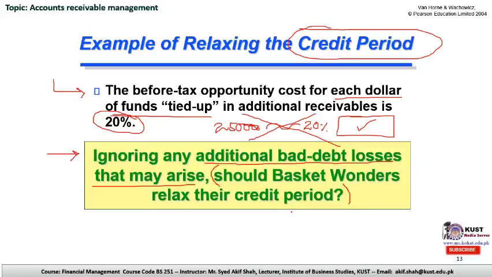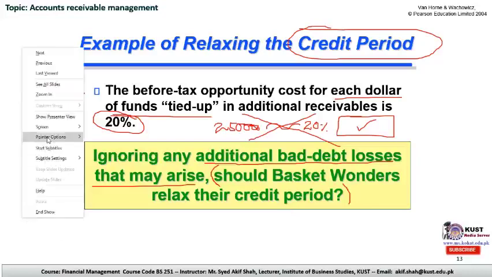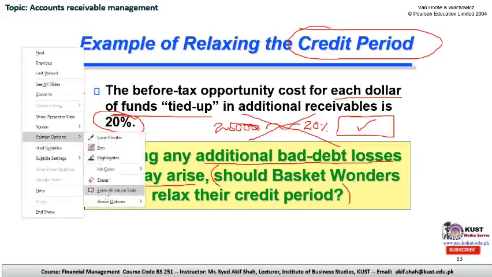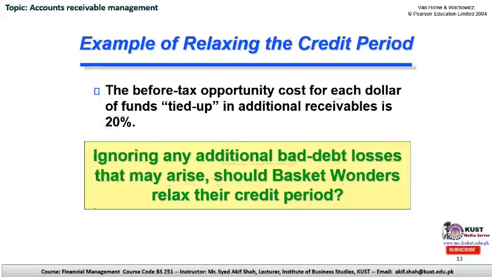So let's move ahead and calculate the company's marginal profitability as well as the additional cost involved in the funds tied up in the account receivable, and then compare both of them to reach our final decision, whether the company should go with the credit period relaxation or not.